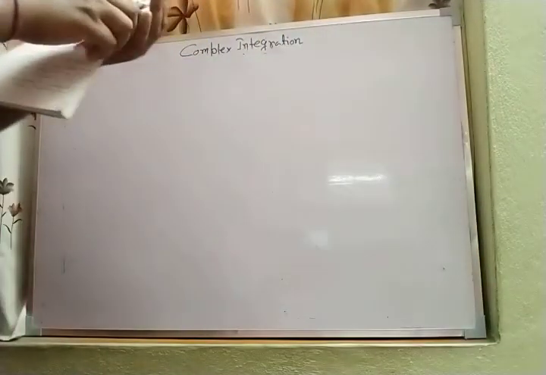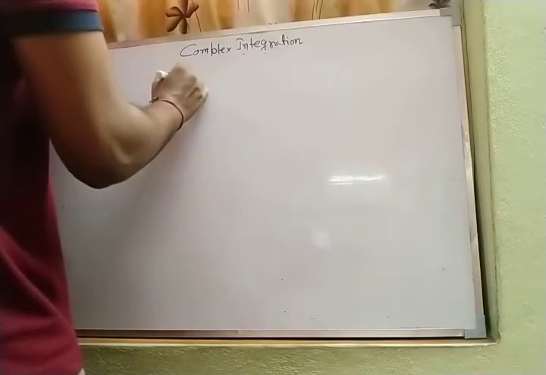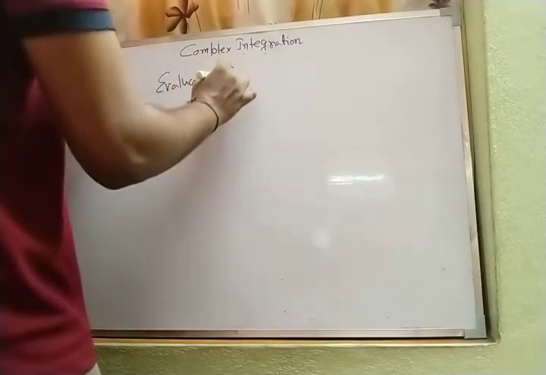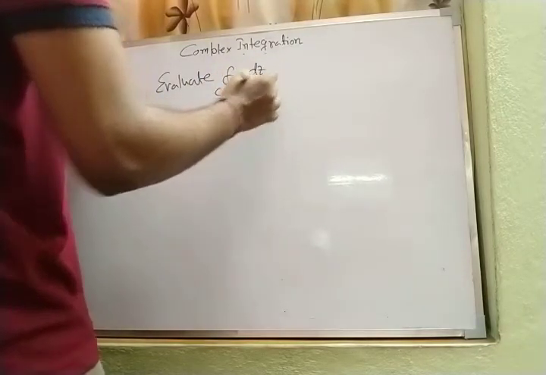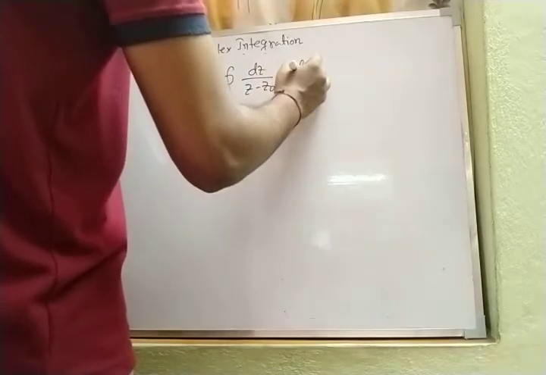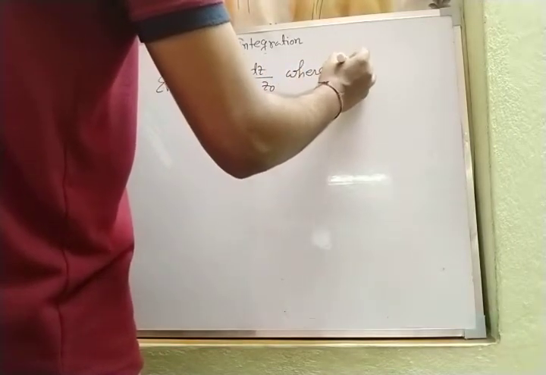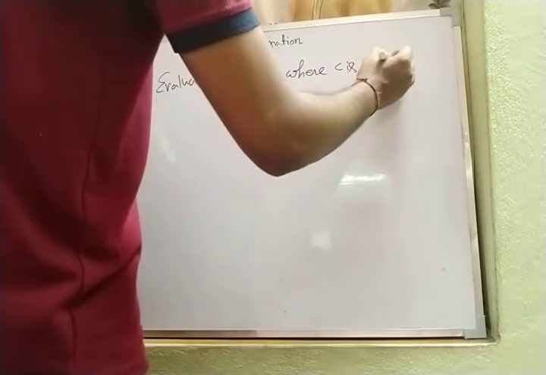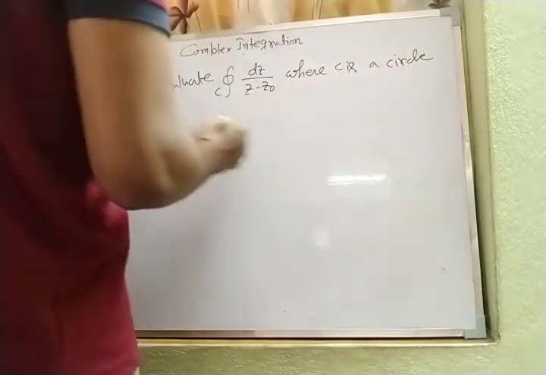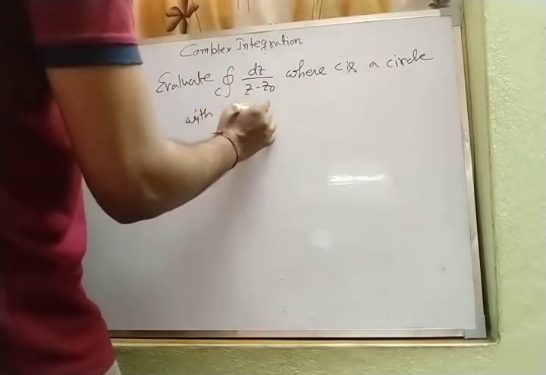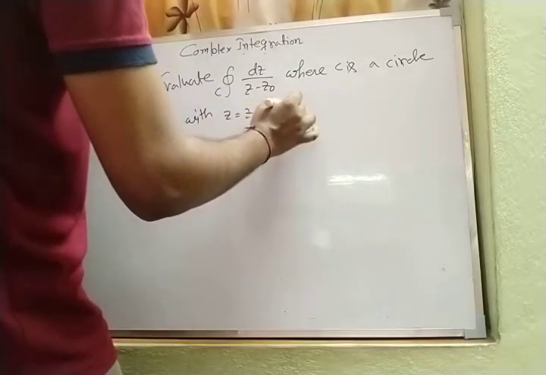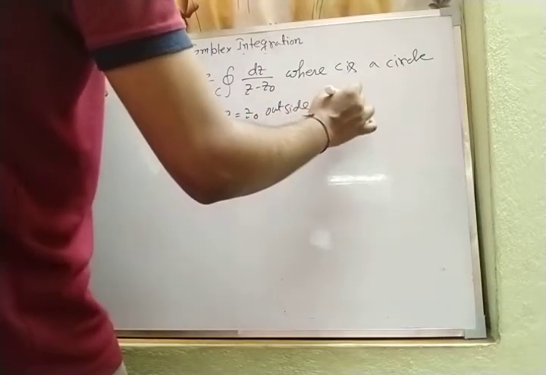Evaluate the closed integration over C of dz by z minus z naught, where C is a circle, with z equals to z0 outside and inside.